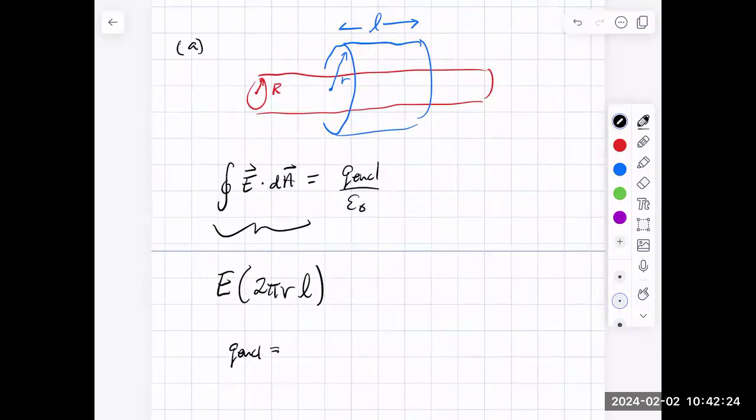So if we know that we have a charge per unit volume rho, then we just have to find the volume of the rod that's inside of our closed surface.